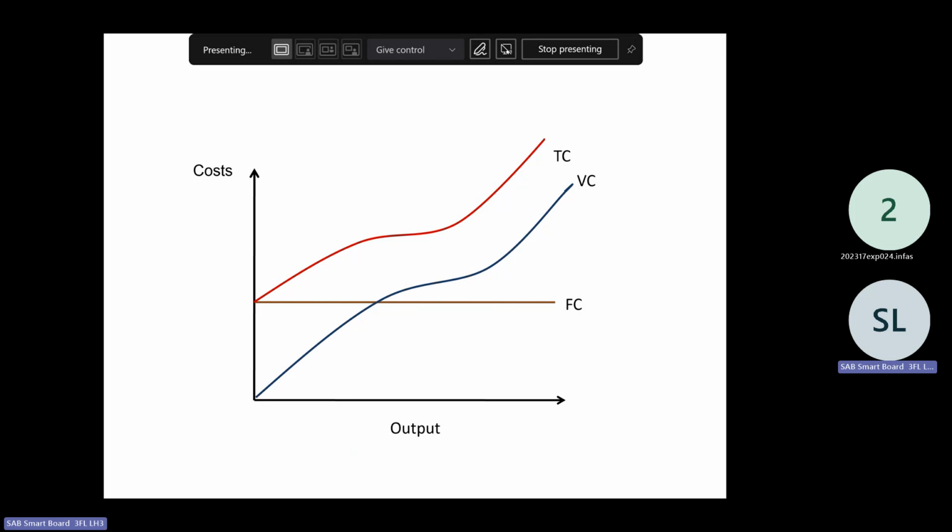Sometimes, if you are doing management accounting, during different activities we take it that the fixed cost is fixed throughout.